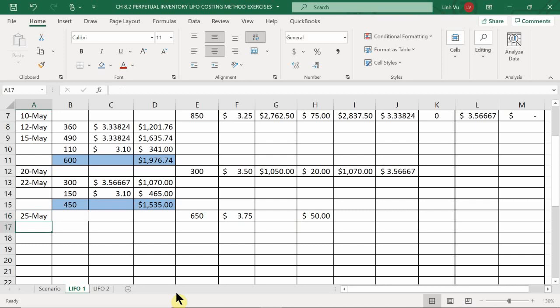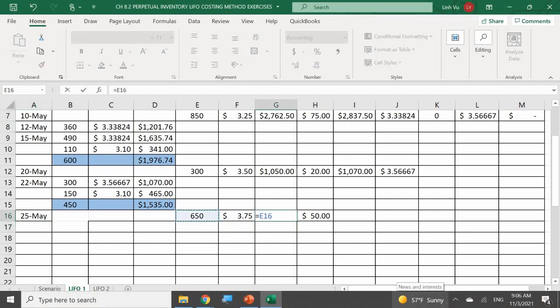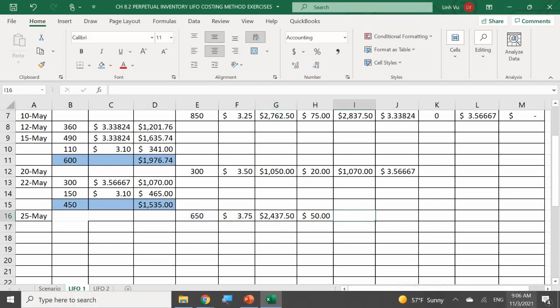Right? So in this case, what's my purchase price here going to be? 407.5. Good. Plus my freight of 50. 487.